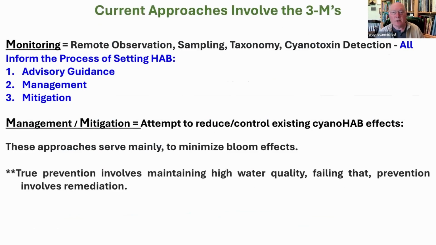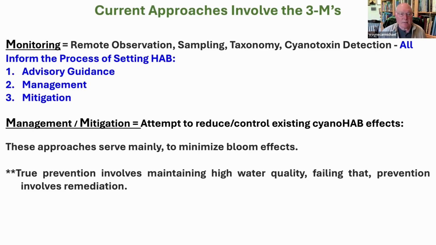So the current approaches involve what I refer to as the 3 M's. They involve monitoring. Monitoring really means getting good at detecting what's there. It involves remote observation, be it satellites or drones, more sampling directly of the water body, better methods of identifying the organisms responsible, so taxonomy, and then of course cyanotoxin detection itself.